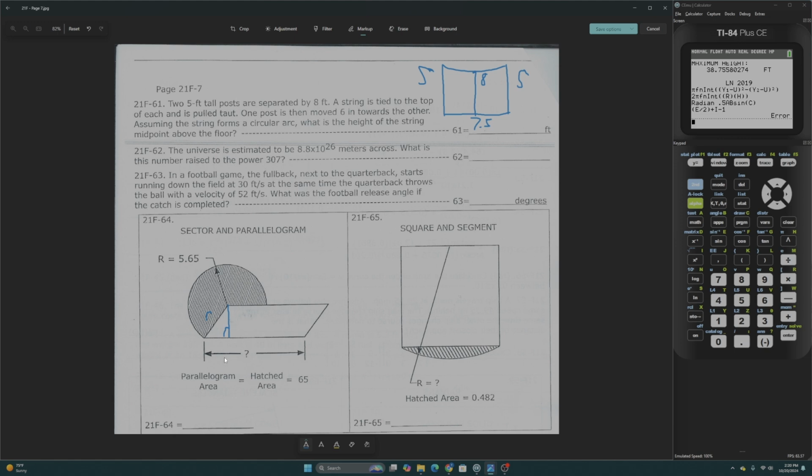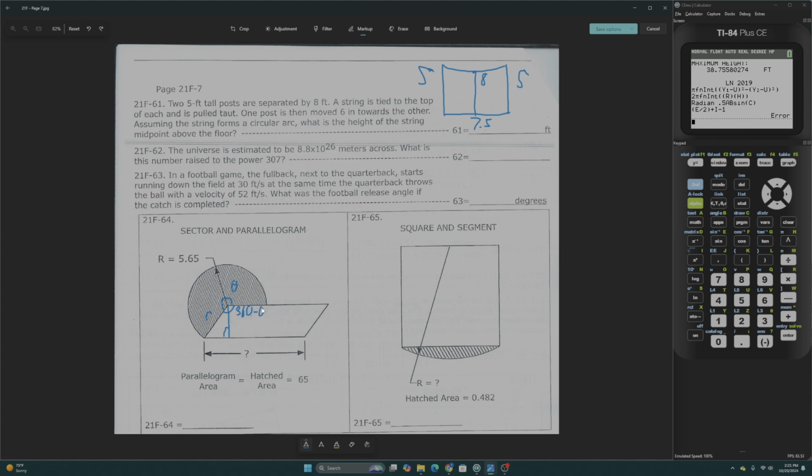What else? Well, we might as well start with angles. So that right there, let's call that theta. And then this angle down here will be 360 minus theta.